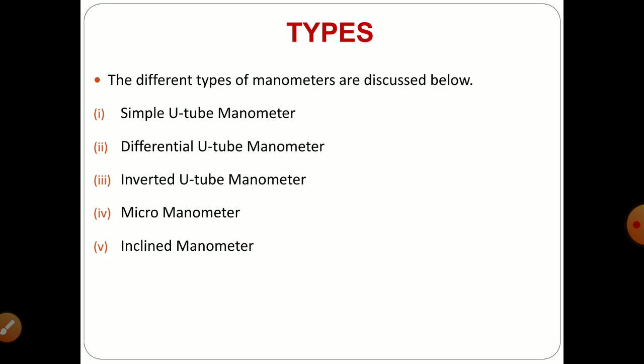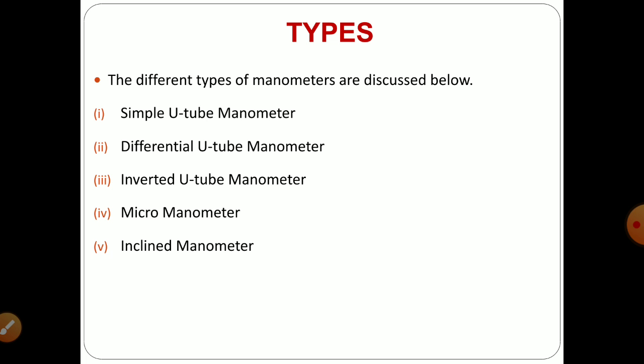There are different types of manometers which are used for the measurement of fluid flow, namely simple U-tube manometer, differential U-tube manometer, inverted U-tube manometer, micromanometer and inclined manometer.